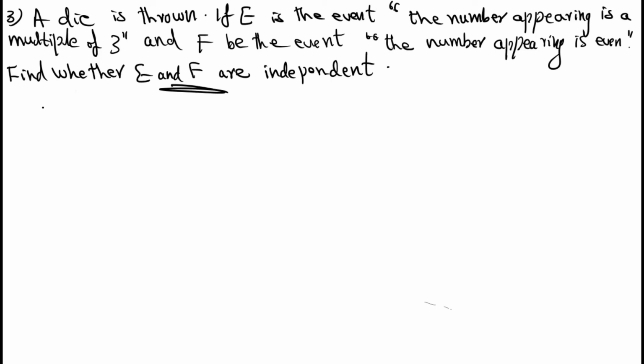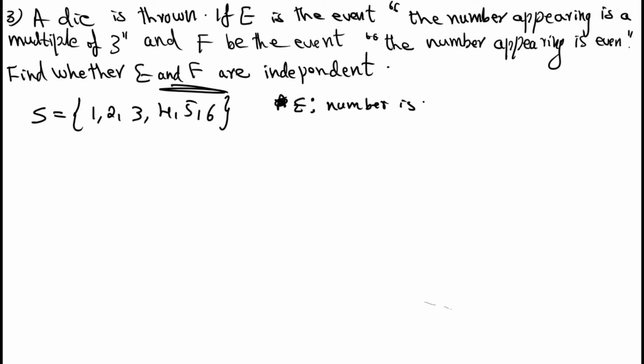That means sample space S is equal to 1, 2, 3, 4, 5, 6. Take event E, the number is a multiple of 3, and event F such that the number is even.